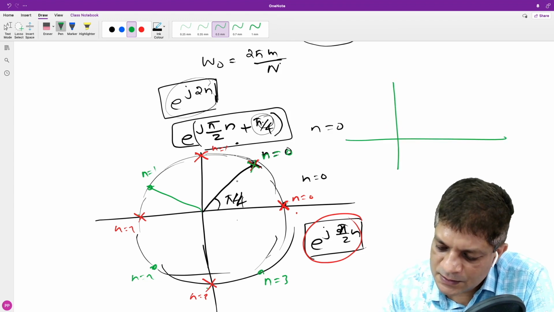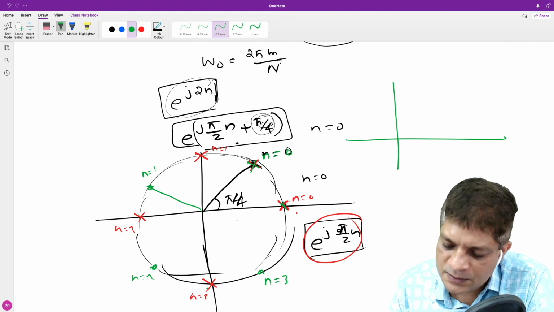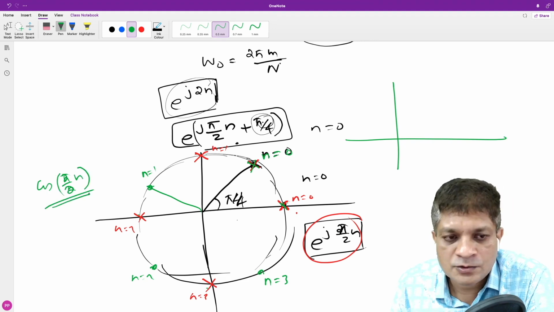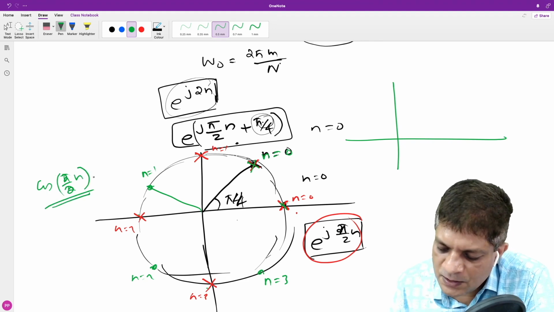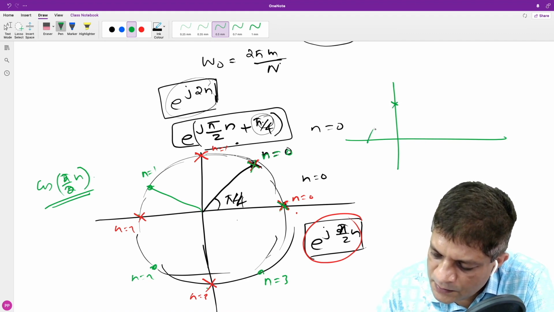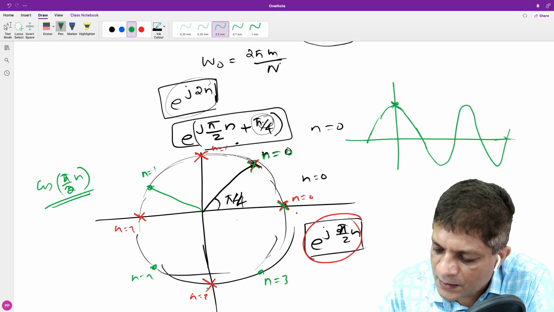Let us sketch that signal. Let us consider cos pi by 2n, so that means there is no phase shift. The first value is here. There is a cosine signal and we are sampling some values of that cosine signal.